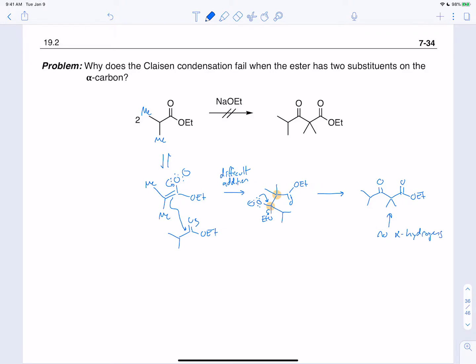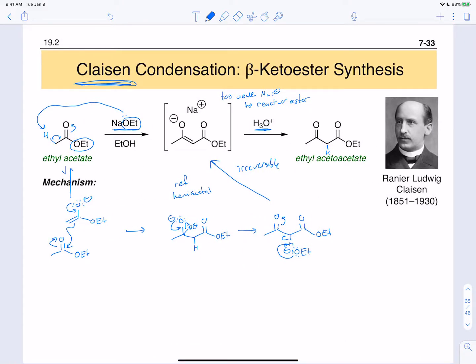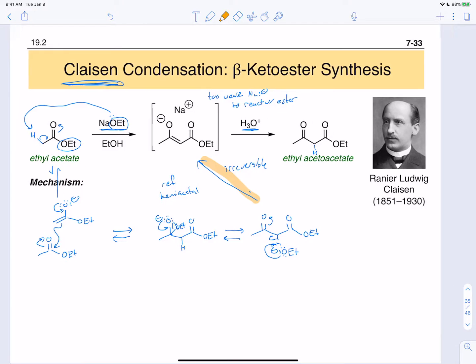So if you remember on the previous slide, we had potentially equilibrium reactions going back and forth. This technically is equilibrium, but this last step here was irreversible. And this was the one that kind of got us stuck in this low energy product state.